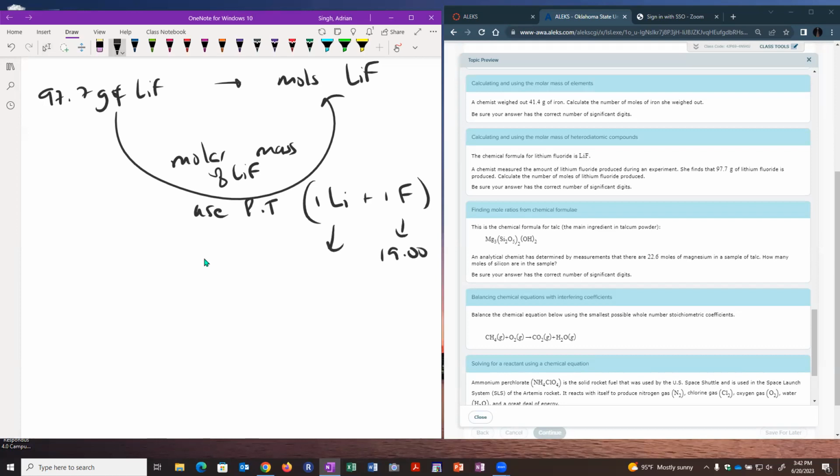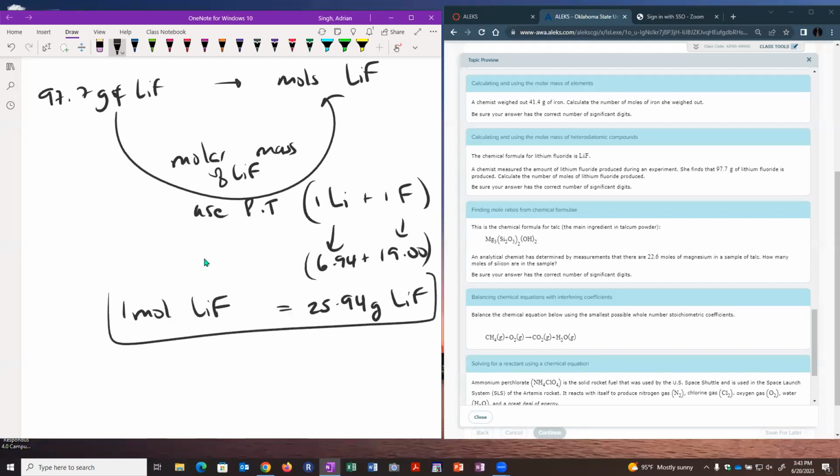And then lithium, what is lithium? 6.94. All right, so that's going to give us 25.94 grams of lithium fluoride for every 1 mole of lithium fluoride. That's your molar mass.